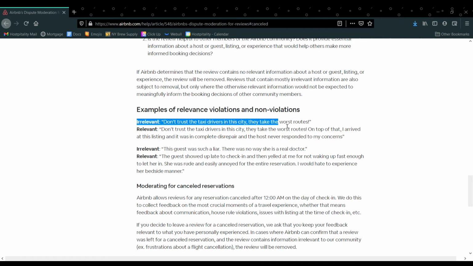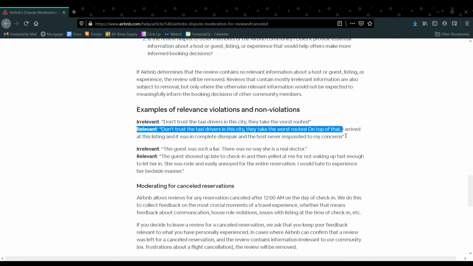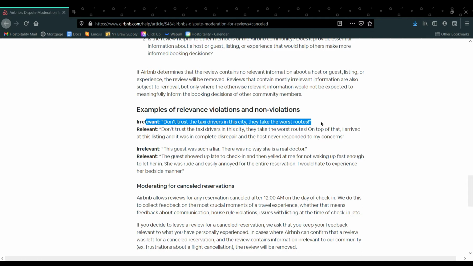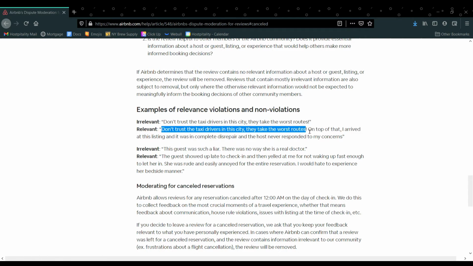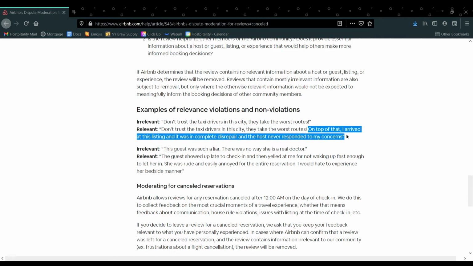Here are examples of things that are irrelevant and examples of things that are relevant. If you notice, the irrelevant one and the relevant one have the same sentence in common, but they mention that when they arrived at the listing, it was in complete disrepair, so that makes it relevant, right?